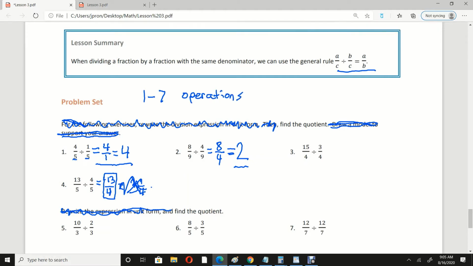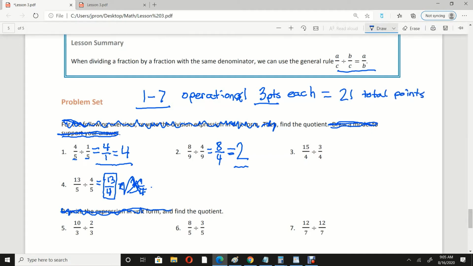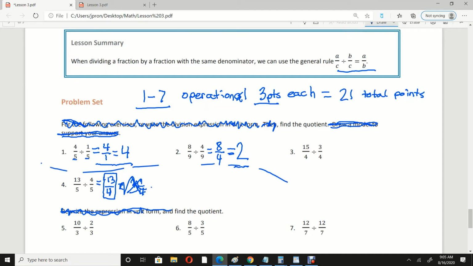There's no word problem associated with it. So each one of these, 1 through 7, is 3 points each. If you've got 7 problems, 3 points each, how many potential points can you get from this? 21 total potential points right here. That's the most you can get. It's 21 points. Fantastic.